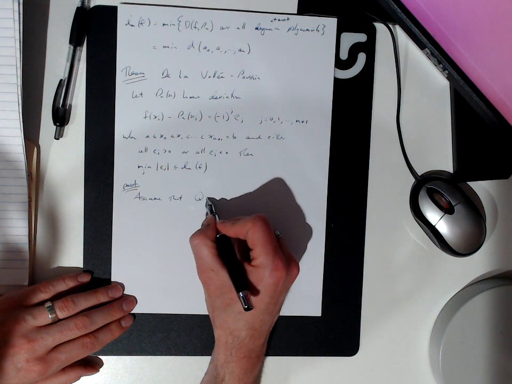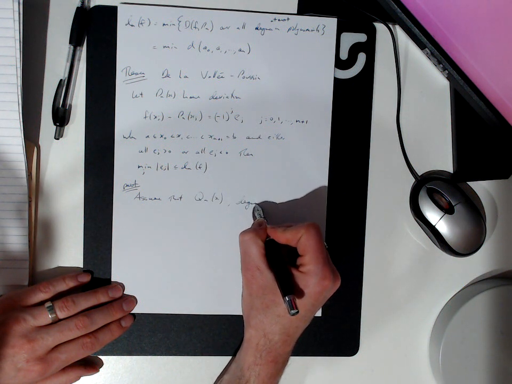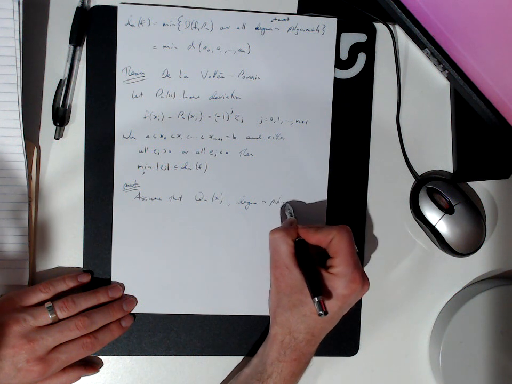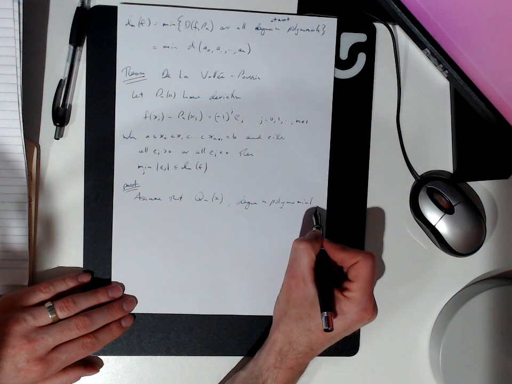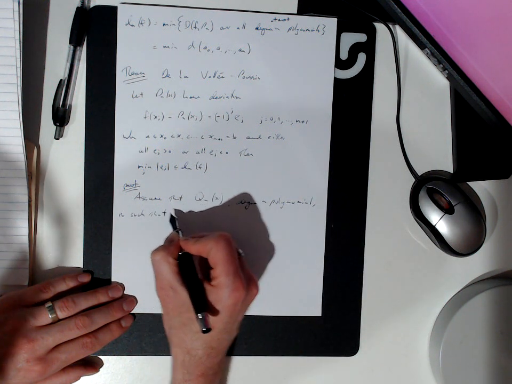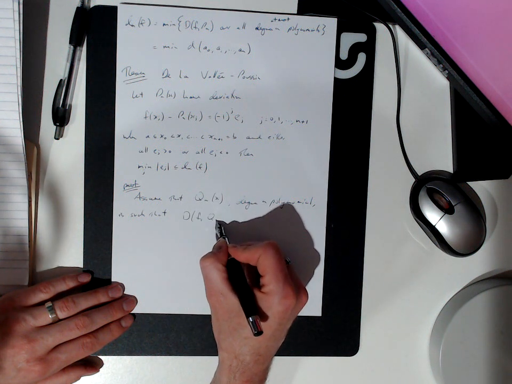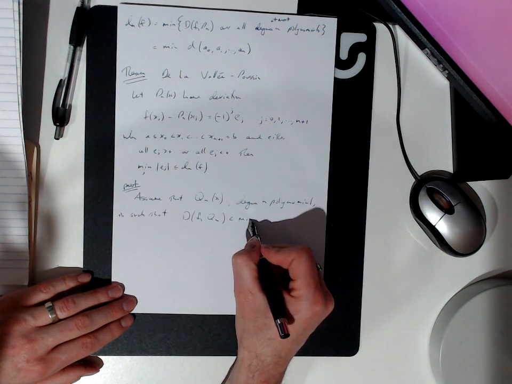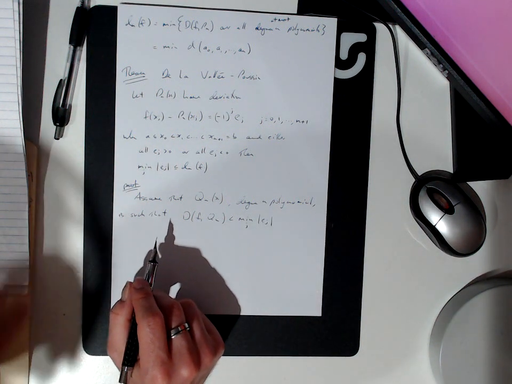Assume that Qn(x), a degree n polynomial, is such that d_f(Qn) is strictly less than the minimum of these ej. Okay.